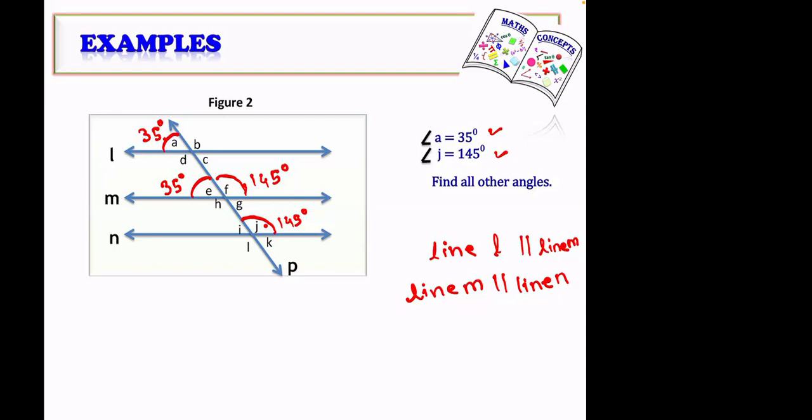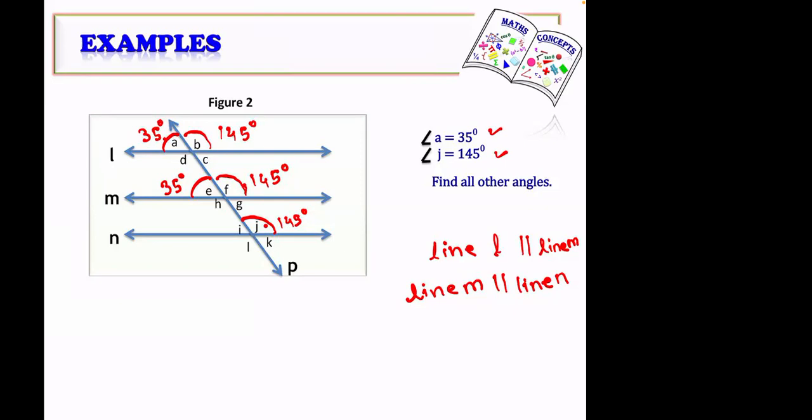For angle B, the measure will be 140. Yes, and why would that be? Ma'am, because its corresponding angles are also 145, and if we add 35 with 145, it will be 180. Absolutely right. Very good. So B, F, and J, all three are corresponding angles, so they will be equal.